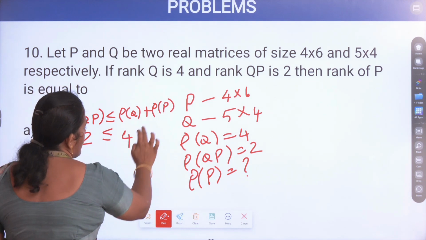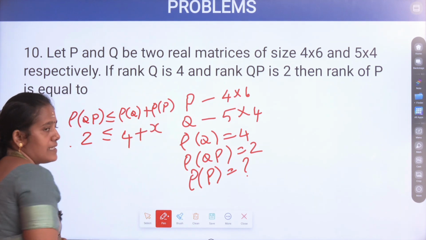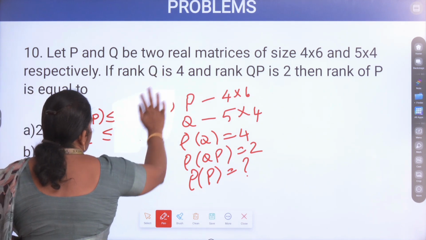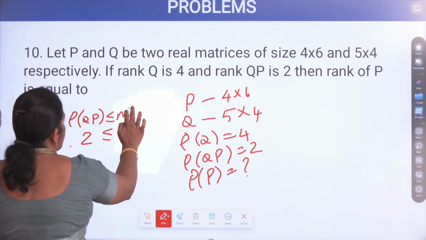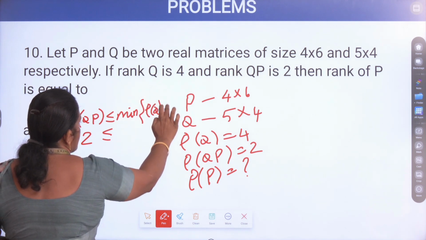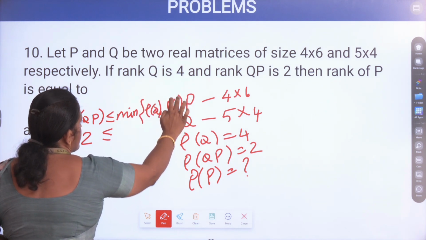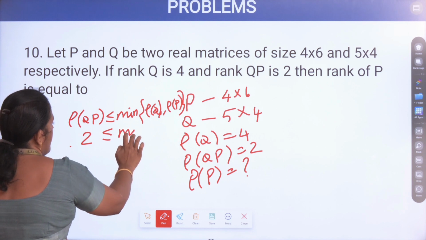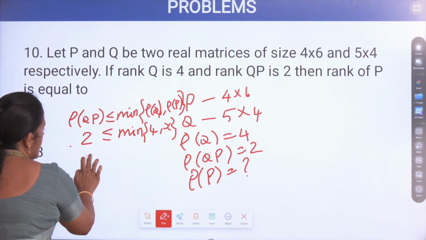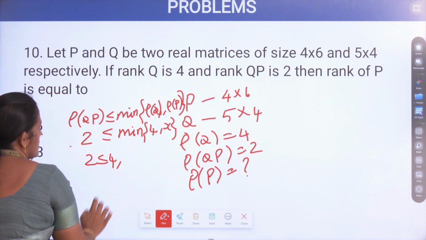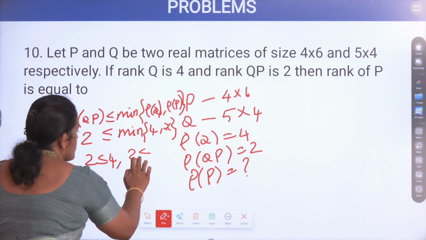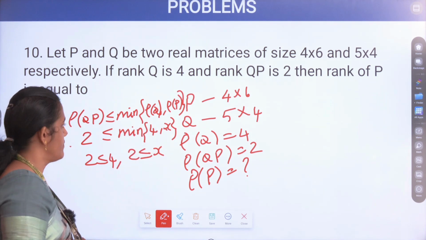You don't know the rank of P, so you consider it as X. So, the minimum of 4 comma X, you know that 2 is less than or equal to 4. So the minimum value is 2, so 2 is less than or equal to X.